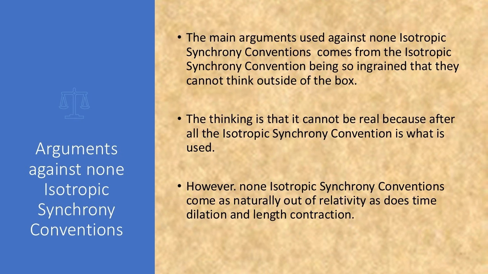The main argument used against non-isotropic synchrony conventions comes from the isotropic synchrony convention being so ingrained that those making the argument cannot think outside the box. The thinking is that it cannot be real because, after all, the isotropic synchrony convention is what is used. However, non-isotropic synchrony conventions come as naturally out of relativity as does time dilation and length contraction.